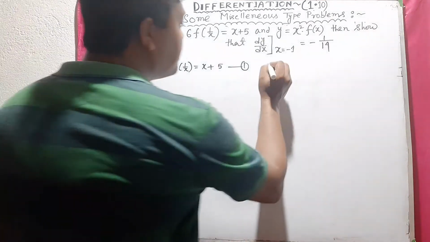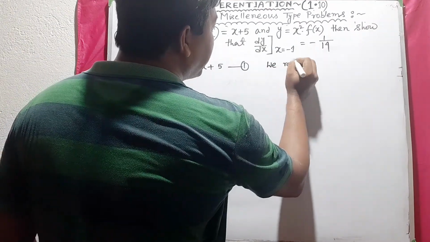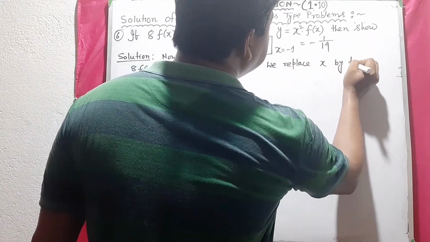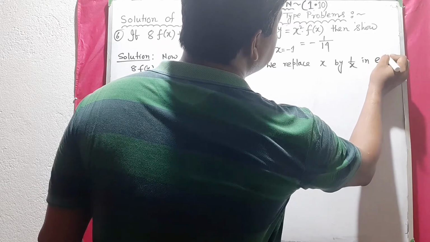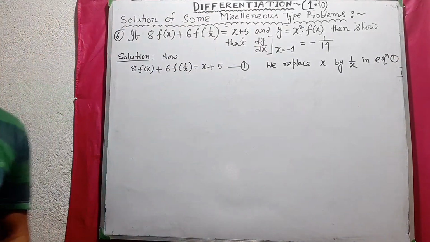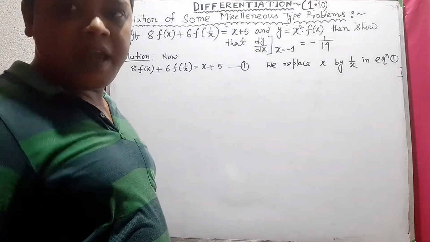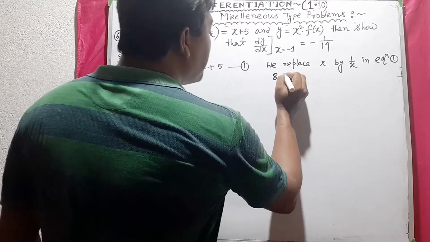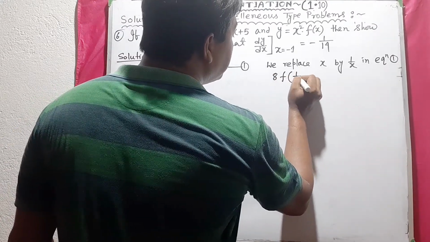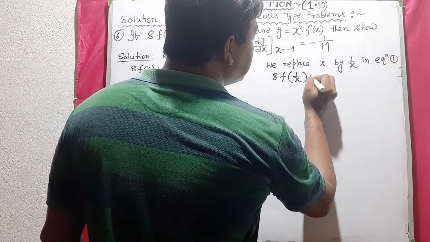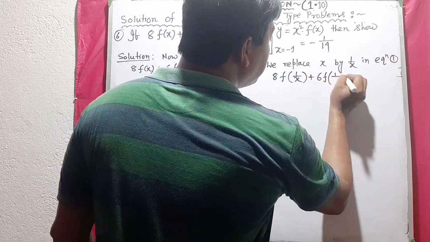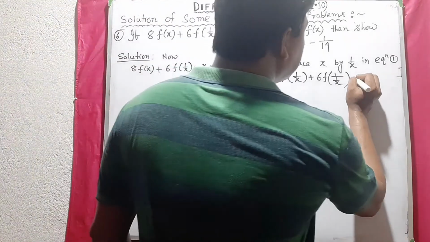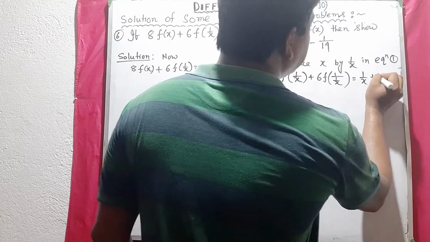We replace x by 1 by x in equation 1. So what we get? We are getting here 8f(1/x) plus 6 into f(1/(1/x)). Just x ar jayga-y ami 1 by x replace korchi. So that is 1 by x plus 5.